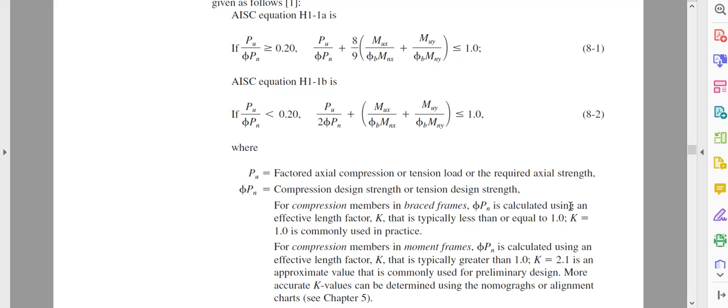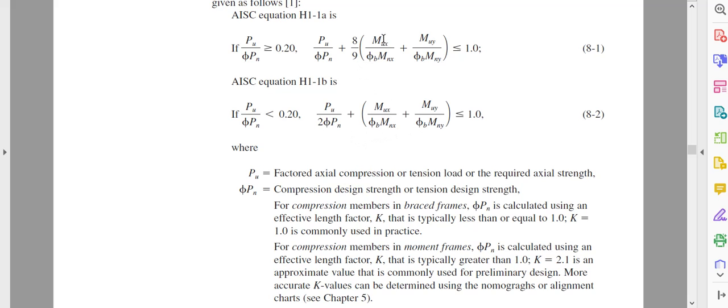So here it says K equals 1 is commonly used in practice. I told you this earlier also. Typically we use K as 1. If you know more accurately, use the more accurate value, your result will be more accurate. So all the stories are done.